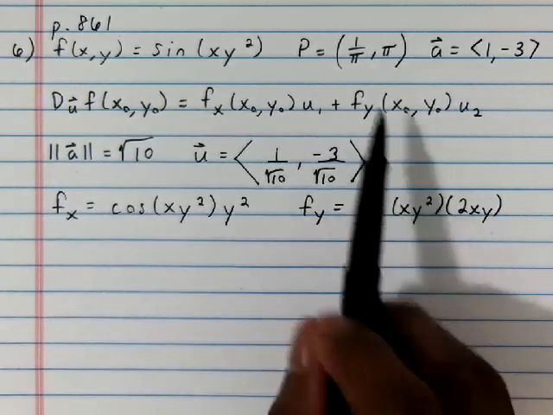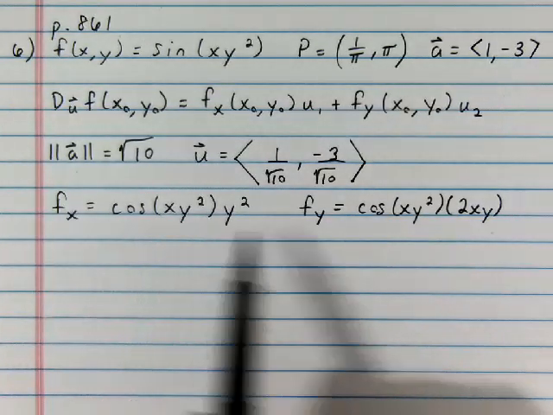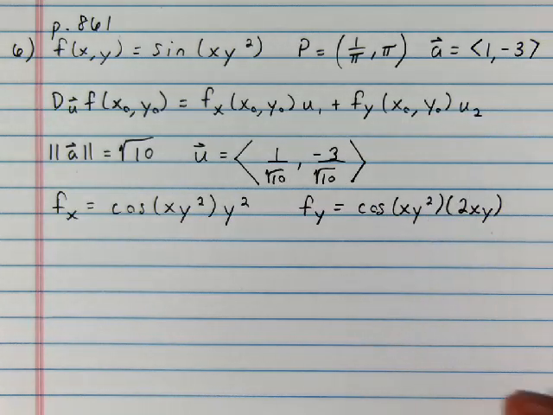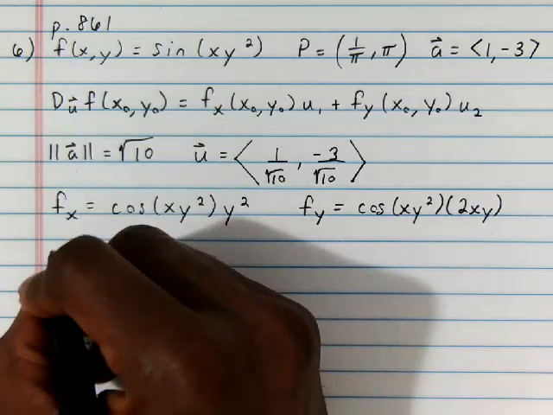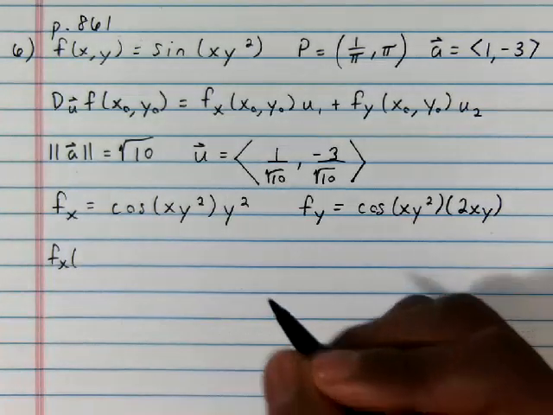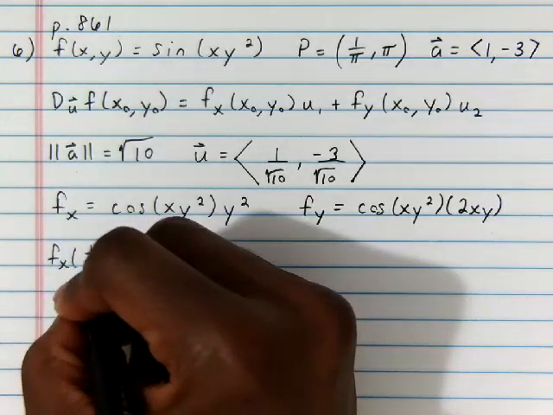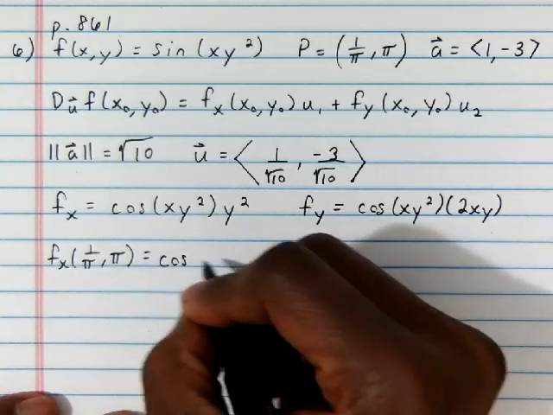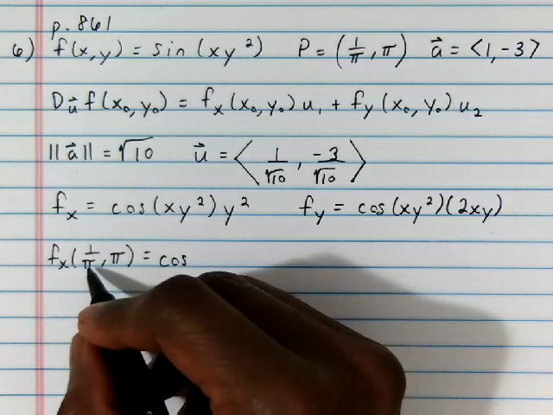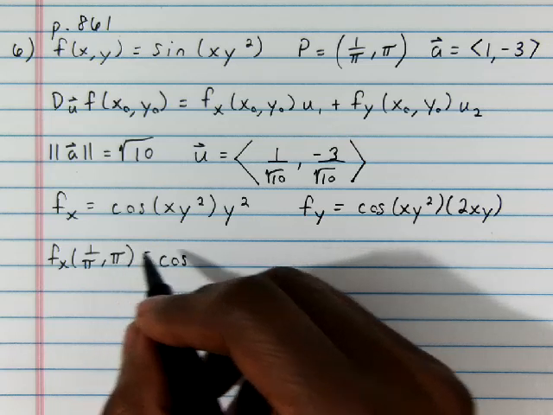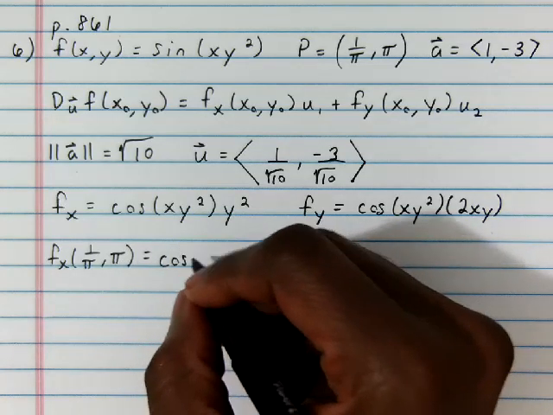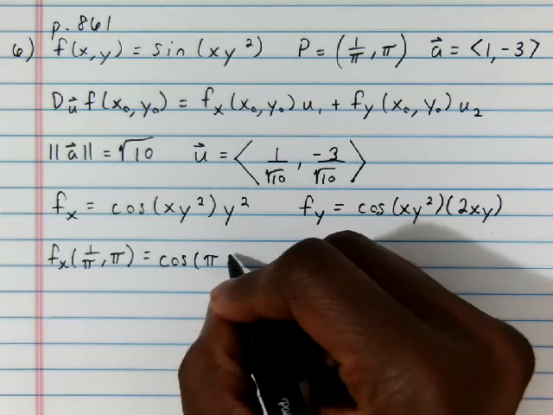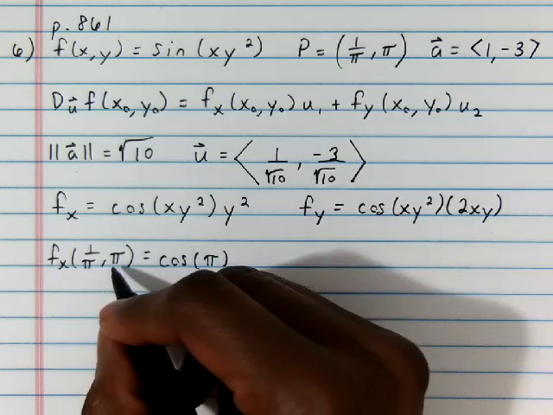Now we need to plug our point into here and into here, and then we'll put all of this information into the formula and we'll have our directional derivative. So f sub x of 1 over pi comma pi equals cosine of 1 over pi times pi squared. That's just cosine of pi, and then times y squared, so times pi squared.